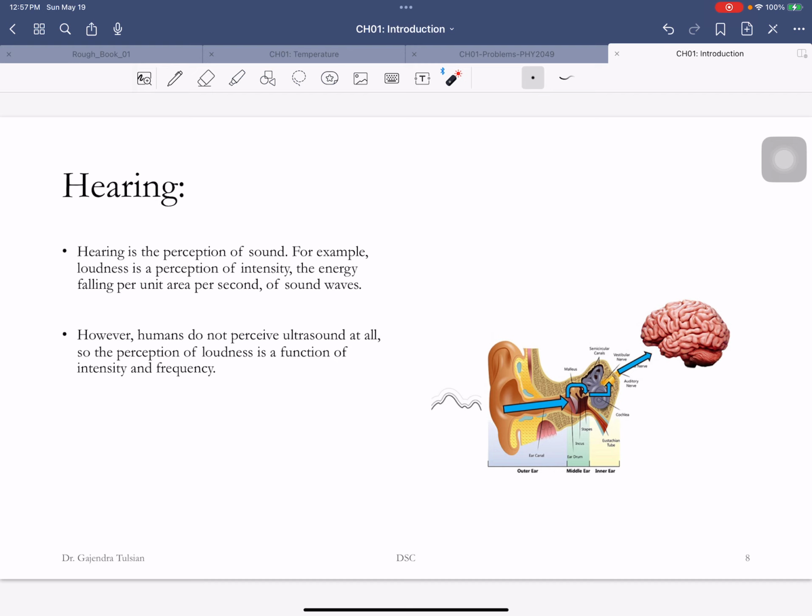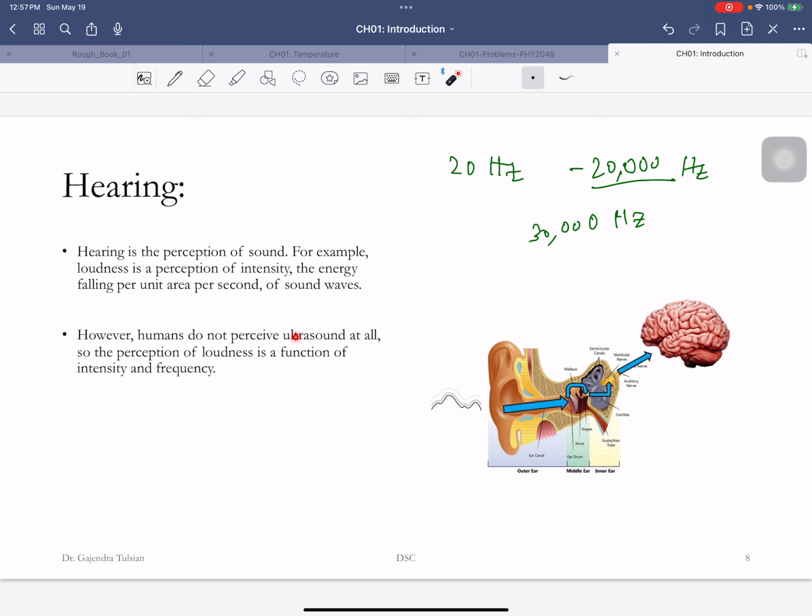Now it turns out that this device that we are born with works for frequencies in the range of 20 hertz to 20,000 hertz. There are sound waves that are higher frequency, 30,000 hertz and all that kind of stuff. Anything above 20,000 hertz is called ultrasonic waves.